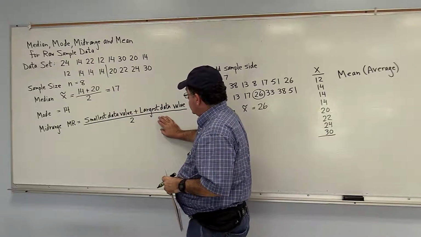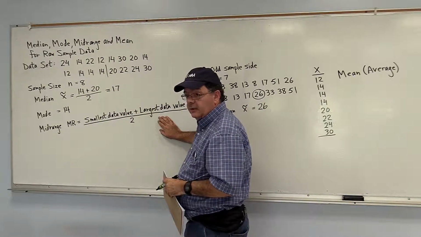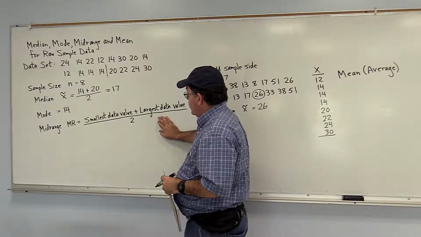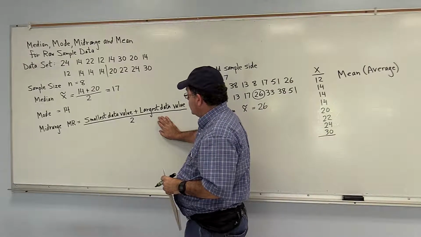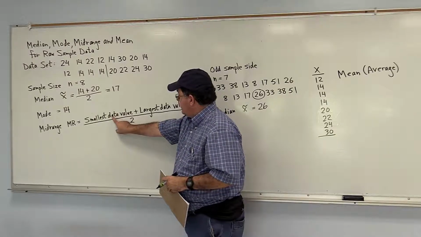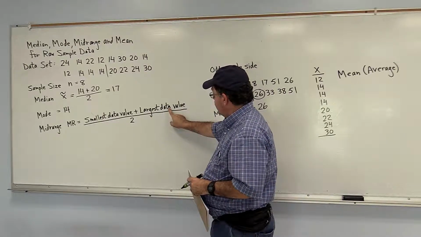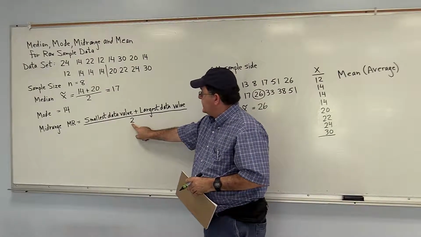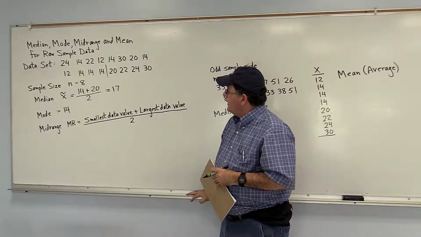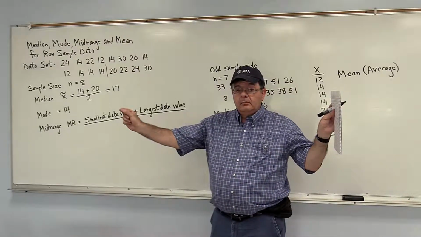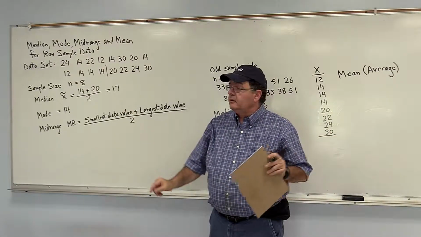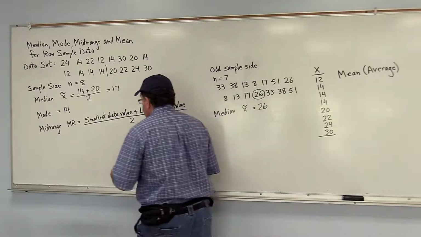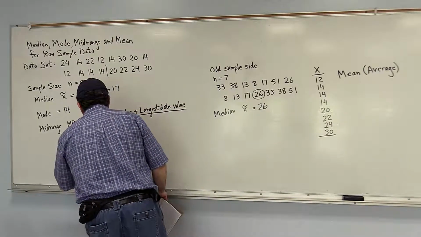The mid-range is also a simple calculation. It's right in the middle of the range. We just take the smallest piece of data plus the largest piece of data and divide that by 2. This gives us the average of the extreme data values. It's the average of the high and the low.